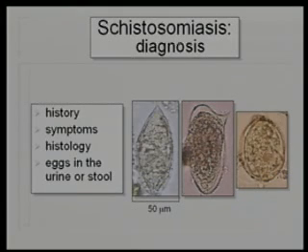And Schistosoma japonicum egg is more roundish, not as oblong, and it may or may not have a prominent spine either at the side or at the tip.